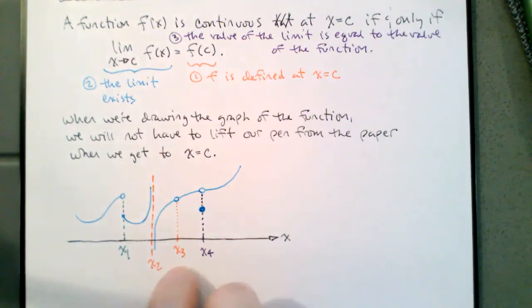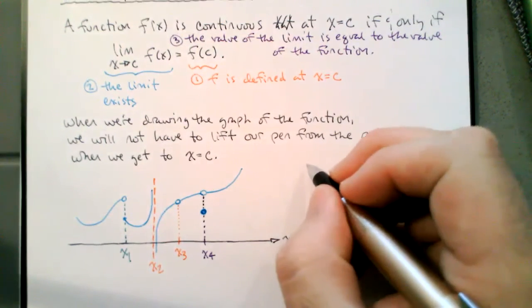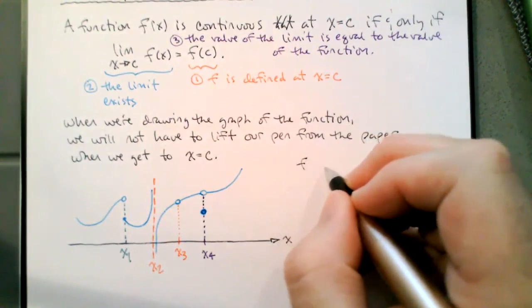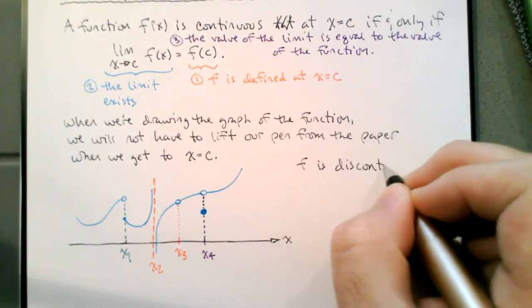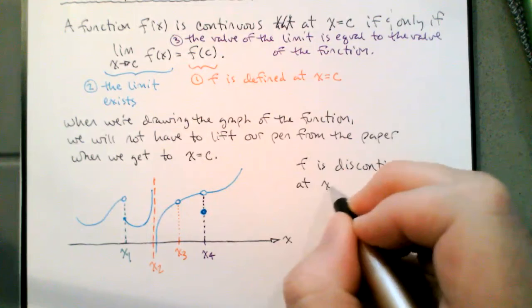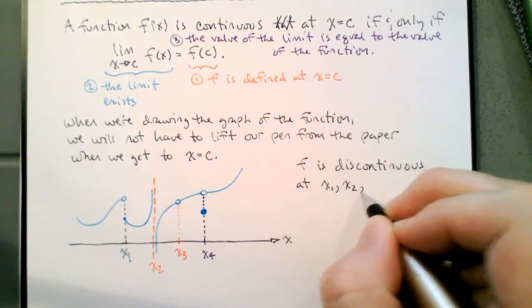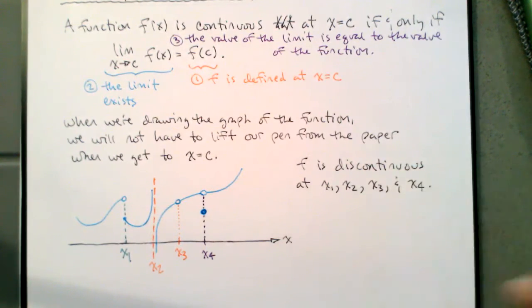Notice that f is discontinuous at x2 and x3 because f of x2 and f of x3 are both undefined. First note that f is discontinuous at these 4 points, x1, x2, x3, and x4.